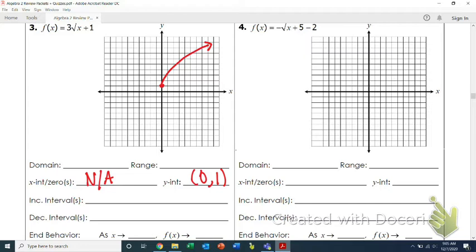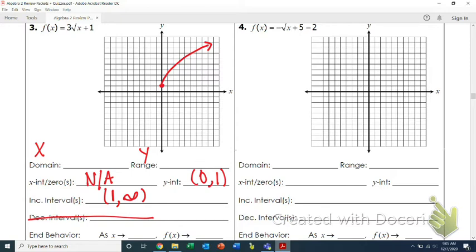All right. Is it increasing? Yeah, it's increasing. Where is it increasing? Well, it is increasing from 1 to infinity. Does it decrease? No. Remember, domain is X, range is Y. Looking at the domain, where does it start on the X? Well, look at your point, 0, 1.